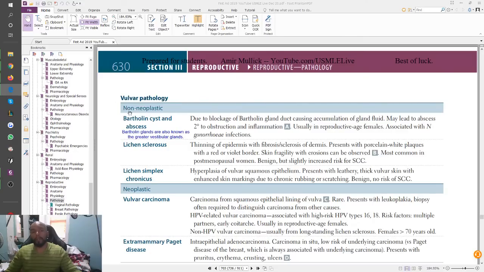But Bartholin gland cyst, how would this really present in a question, right? You're really just going to have possibly someone who might have had a history of Neisseria gonorrhea infections, and it's just going to be a reproductive age female presenting with obstruction and inflammation, a lot of fluid from the Bartholin glands just accumulating, and nothing else, right?